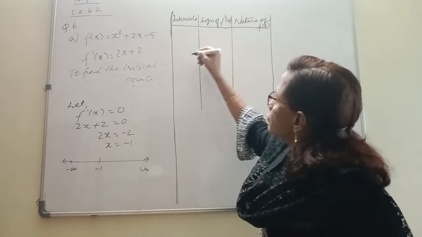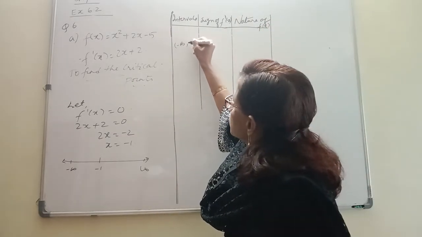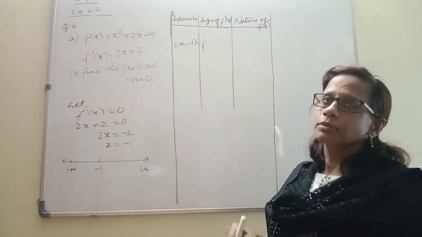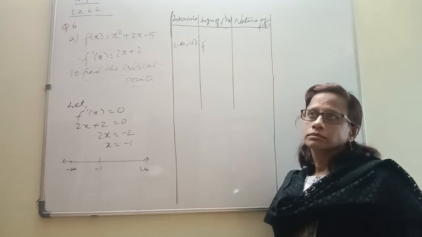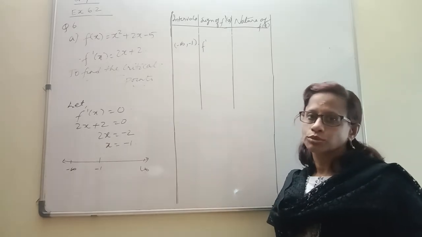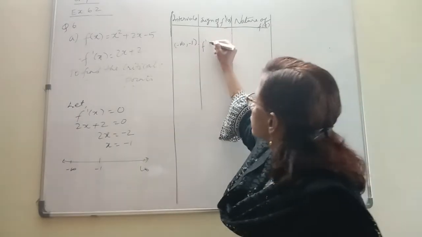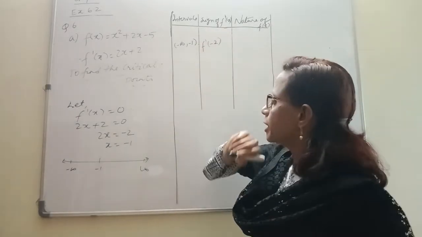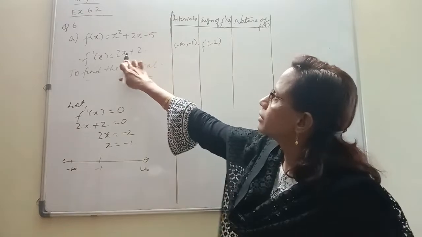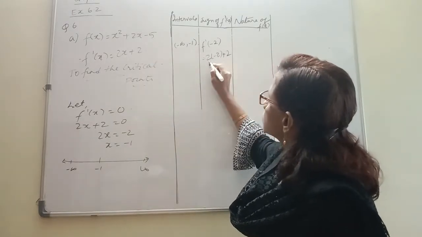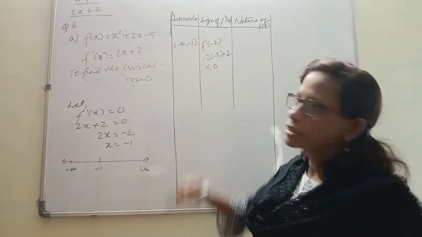The first interval is minus infinity to minus 1. We should look at f dash at any one point there. Now because it's minus 1, you could take minus 2, or minus 10, whatever. Minus 2, for example. Then what would happen here? 2 into minus 2 plus 2, that is minus 4 plus 2, a negative answer.